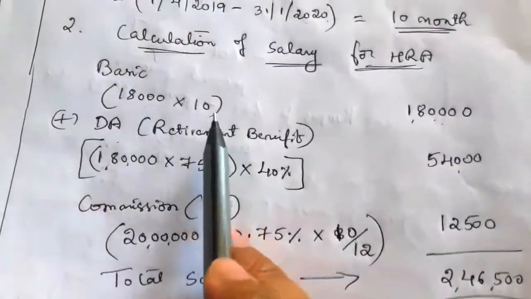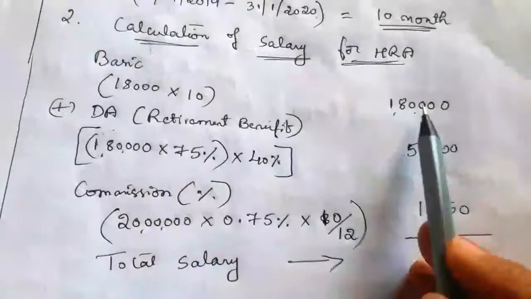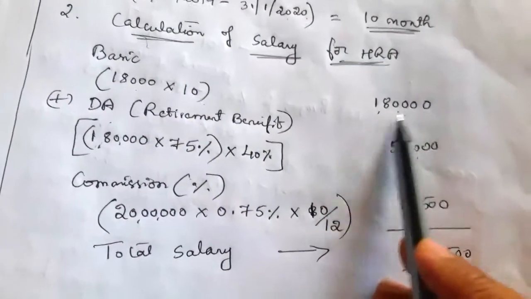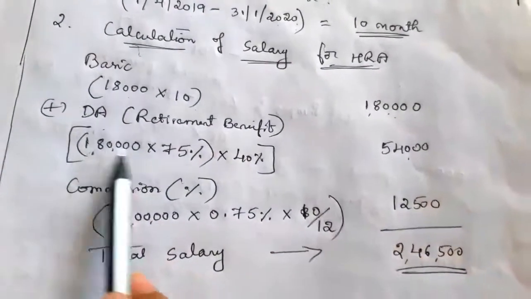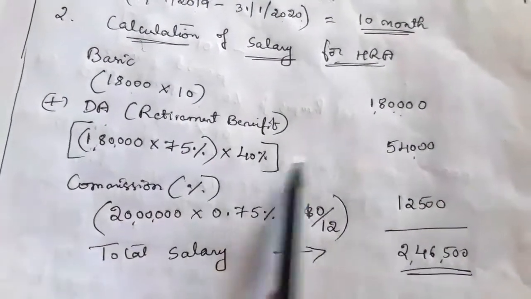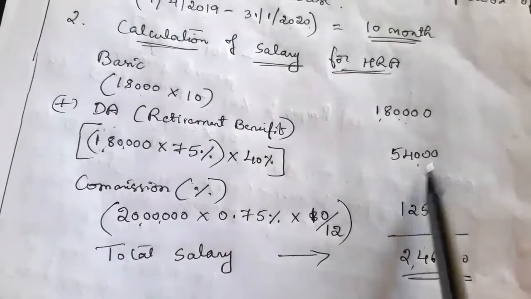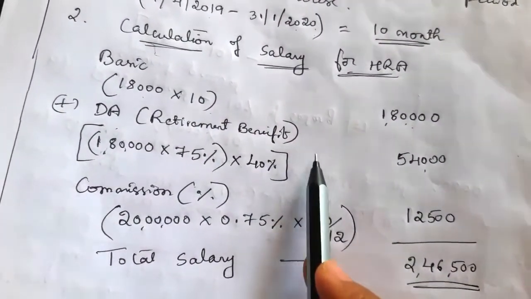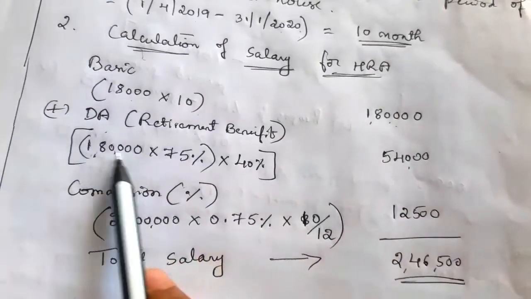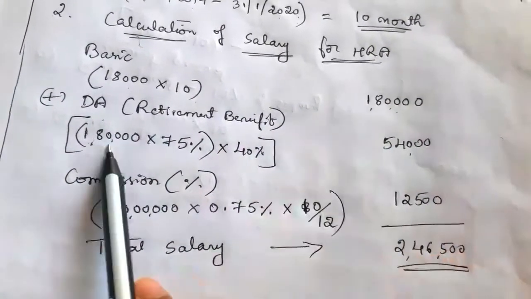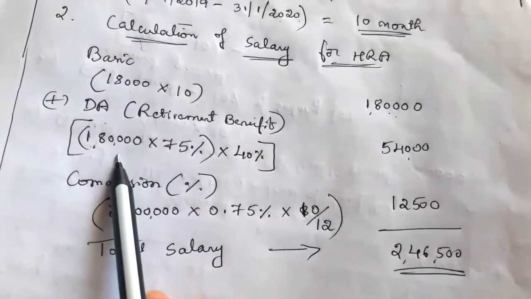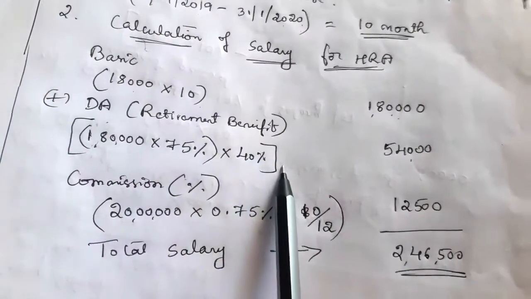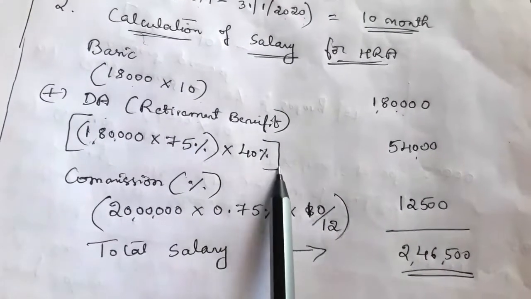So we have to take only for the relevant period. So for 10 months it is equal to 1,80,000. And the basic what we got is a 10 month basic. On the 10 month basic, DA is calculated. So the DA what we got is only for 10 months. Again no need to calculate 10 months into 10, because the DA what we already calculated is for the 10 months, and in that 75% into 40% is considered for retirement benefits.